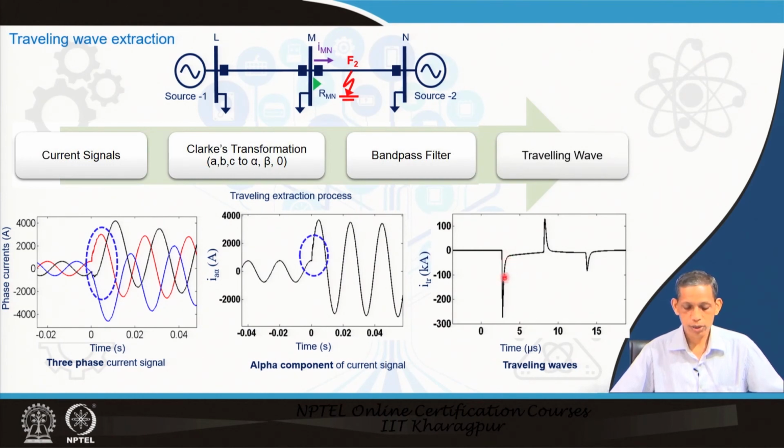One other thing you notice is that because the system is lossy, with resistance, the wave also attenuates, and after several reflections it will diminish. Therefore, in the initial portion of the time axis, usually two or three reflections will be available.